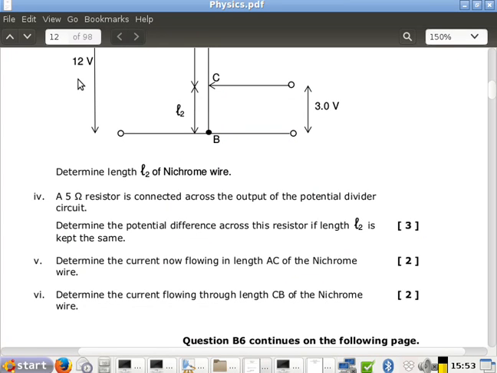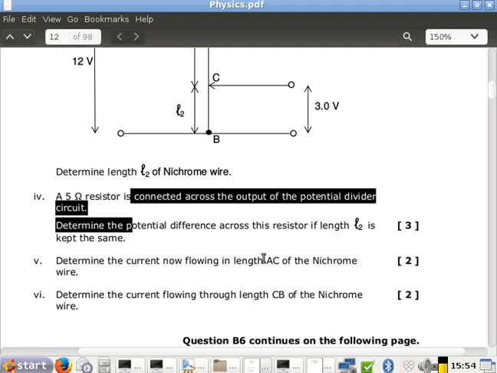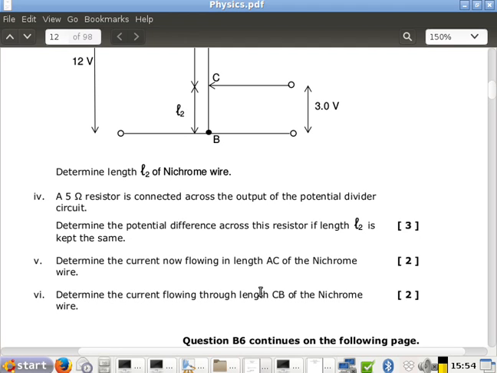Now what's really nice is, because of the way I did it, because of Kirchhoff's law, I actually not only answered the first part, I also answered the next part and the next part, because the next part says what is the current in AC and what is the current in CB. So that is what is I1 and what is I2.